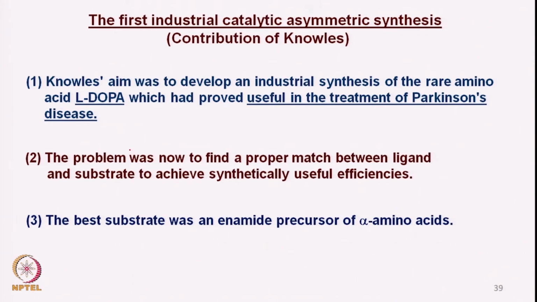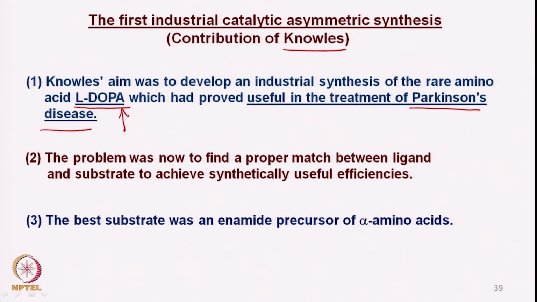The first industrial catalytic asymmetric synthesis was actually done by William Knowles, who was working in a company, Monsanto, in the United States, and his aim was to get the synthesis of L-DOPA, which is useful in the treatment of Parkinson's disease, in as high enantiomeric purity as possible.